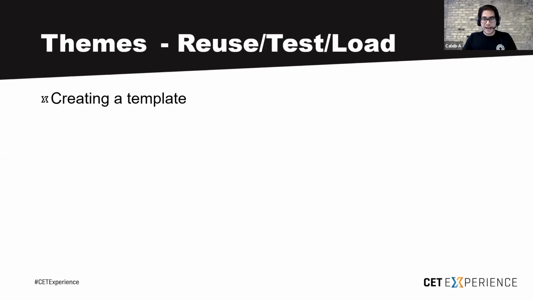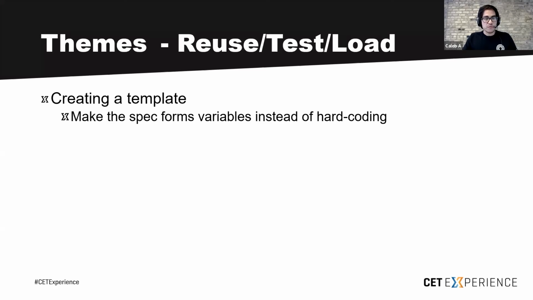Basically taking what we have from that, we can make quick improvements by making those spec form variables instead of hard coding. Like I showed in my personal theme, you can have variables at the top and use those instead, and then that way you can just swap out colors for a given variable instead of going through.